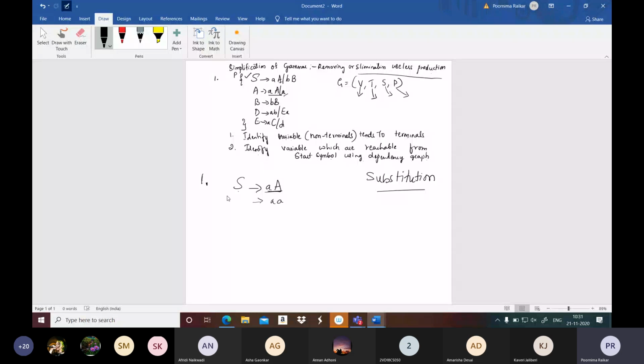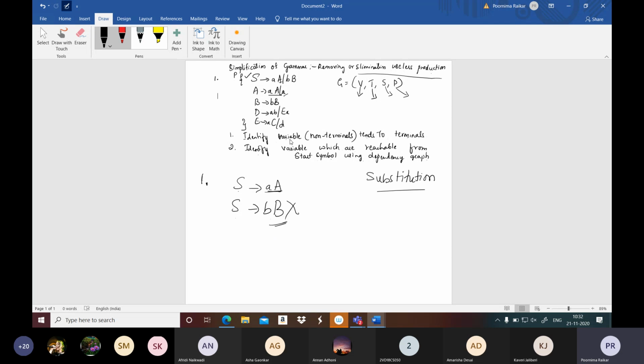I'll consider this. What is the second rule given? Now the second rule is S to BB. Again for B, I can substitute capital BB, but I don't have any chance where I can substitute this capital B with any small terminal. That means from S to BB, I cannot generate a terminal string.